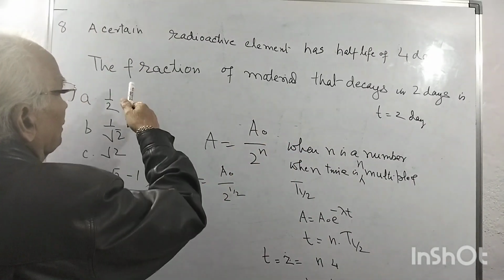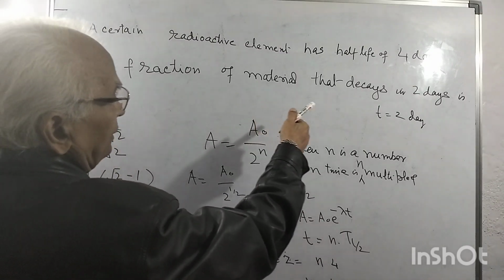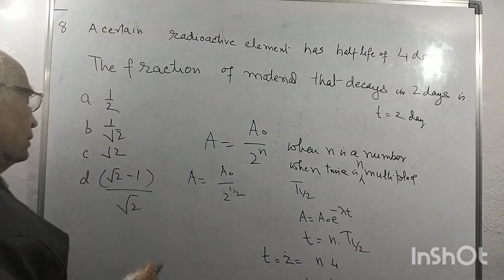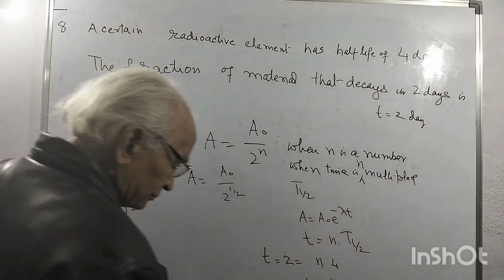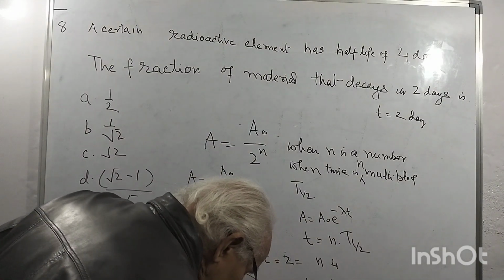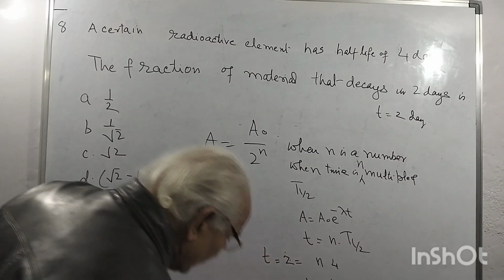You can get the fraction of material that decays in 2 days like this. So what is the answer? The half-life is 4 days, and we want the fraction of material that decays.